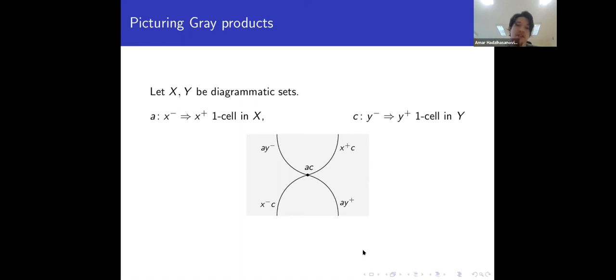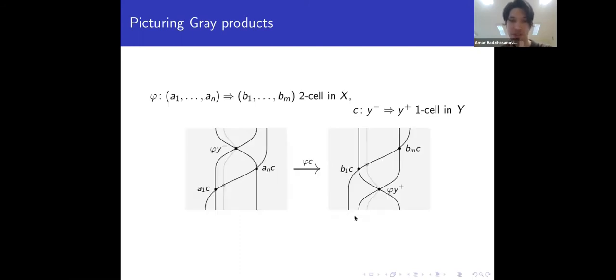The way we can see it is that here we have A on the fiber of Y minus, and here we have C and the fiber of X minus. And this two cell somehow pushes C through A from bottom left to top right, and A through C from top left to bottom right. And this idea of pushing things in these two directions shows up in all gray products pictured in diagrams.